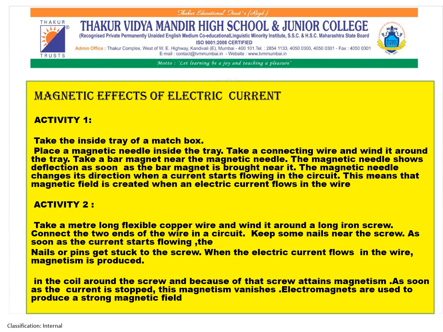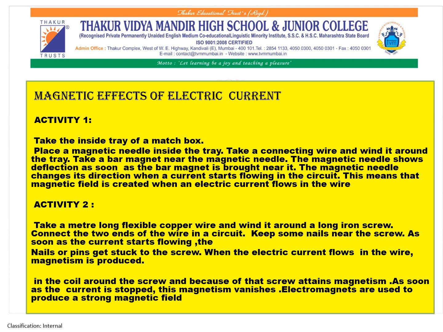Take a connecting wire and wind it around the tray. Take a bar magnet near the magnetic needle. The magnetic needle shows deflection as soon as the bar magnet is brought near it. The magnetic needle changes its direction when a current starts flowing in the circuit, and this means that a magnetic field is created when an electric current flows in the wire.